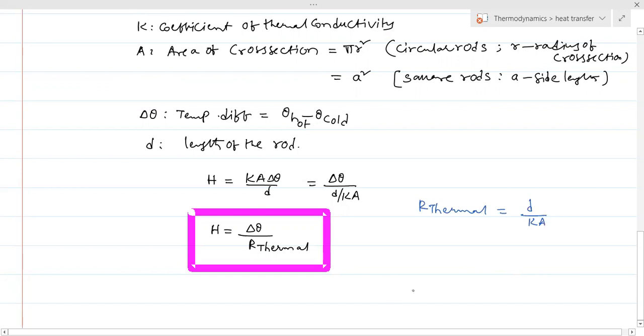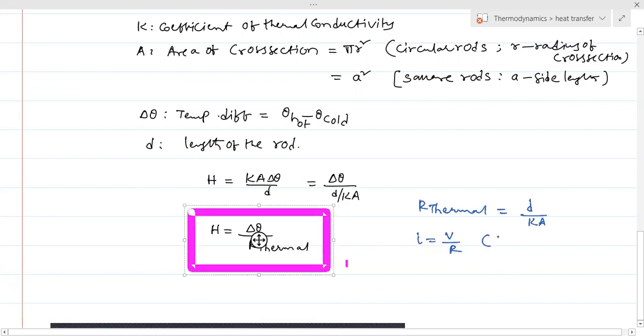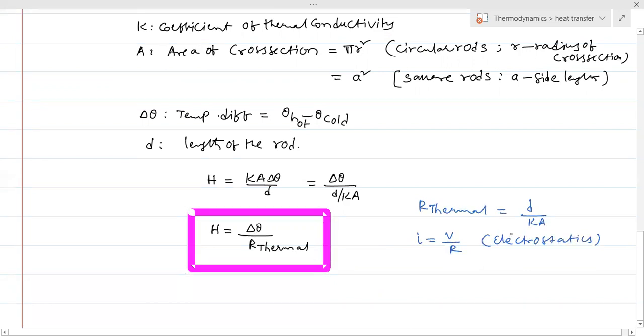Now the question is, how do you get this form and why are we calling d by K A the thermal resistance? We know in electrostatics, I is equal to V by R. So we are thinking of current electricity.